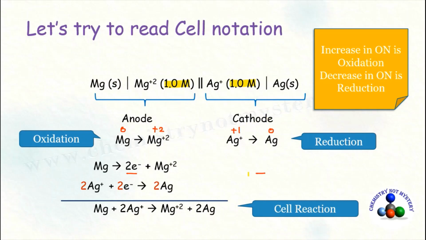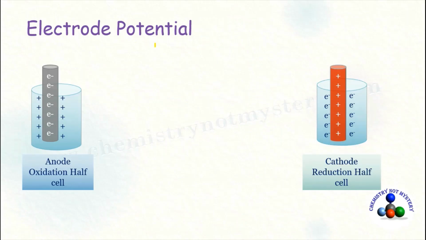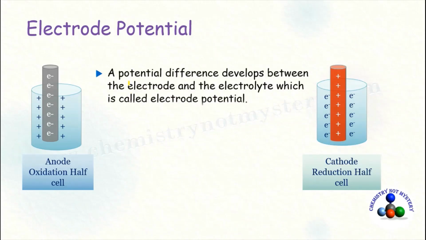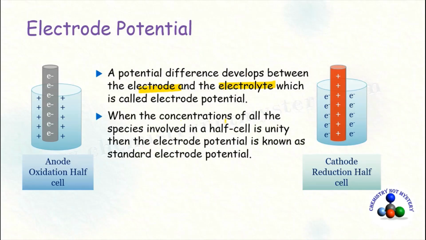Now let's try to understand more about electrode potential. Electrode potential is the difference developed between electrode and electrolyte. When concentration of all the species involved in a half reaction is unity, then the electrode potential is known as standard electrode potential.